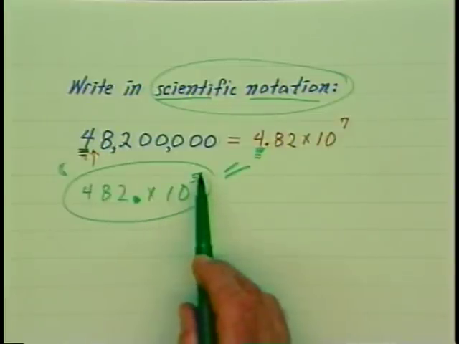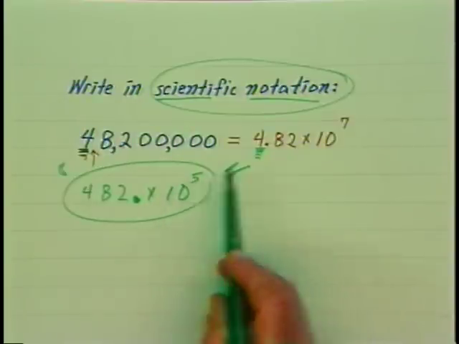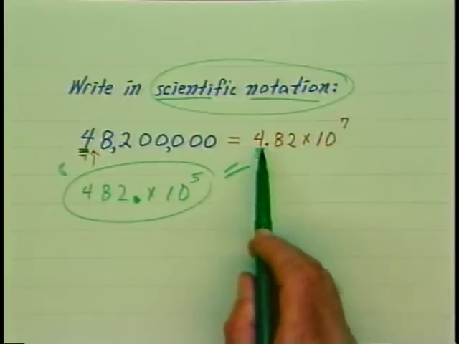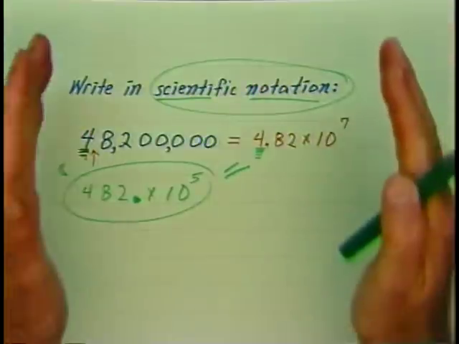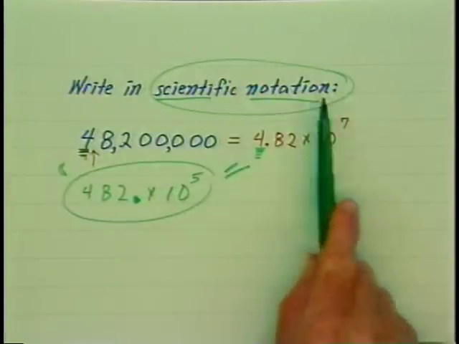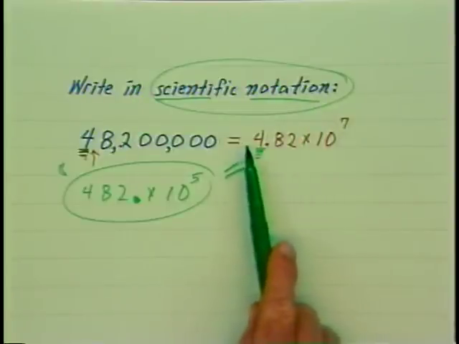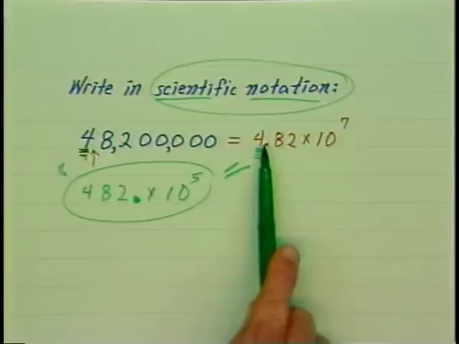And there are many correct ways of writing this by using powers of 10, but only one that we will allow ourselves to call scientific notation. Be very, very clear on that. Scientific notation means the decimal point is behind the first non-zero digit, reading from left to right.